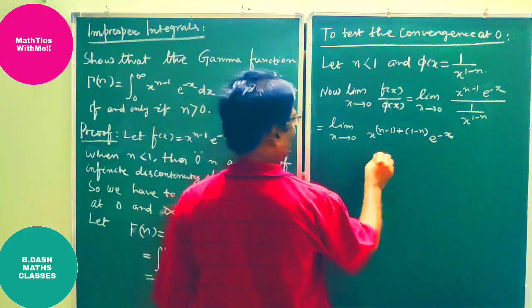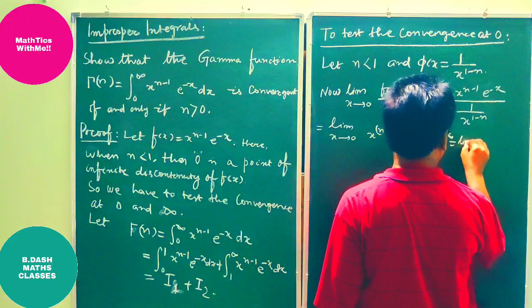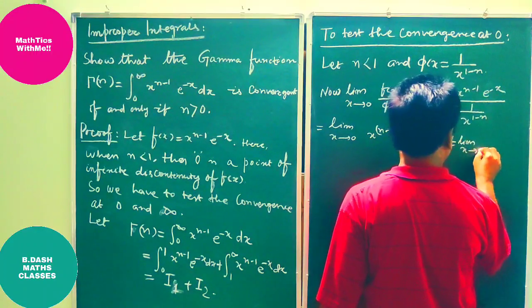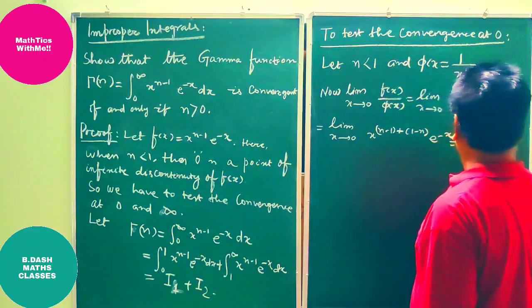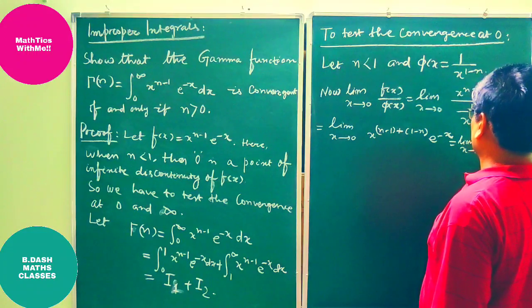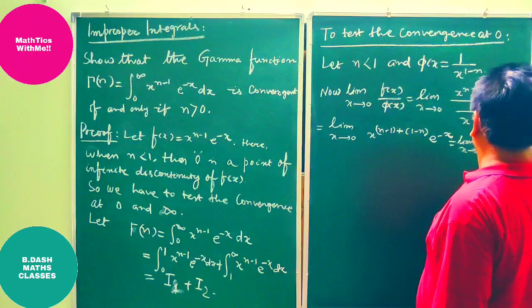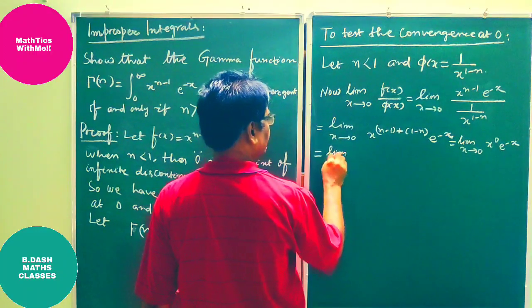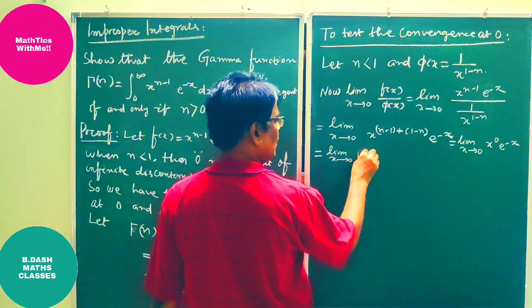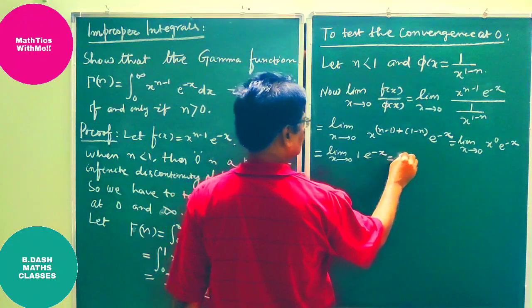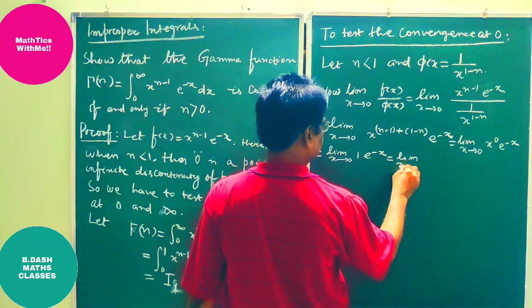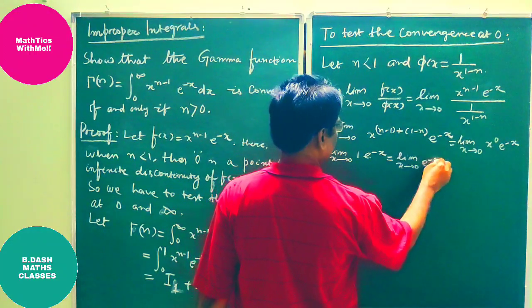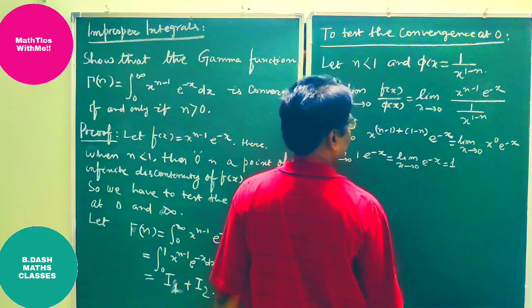So this is equal to the limit as x tends to 0 of x to the power 0 e to the power minus x, which is the limit of e to the power minus x, which is equal to 1.